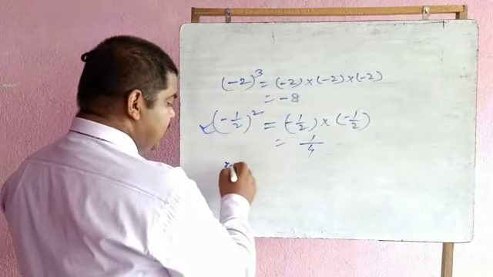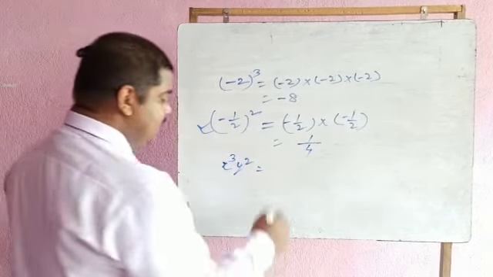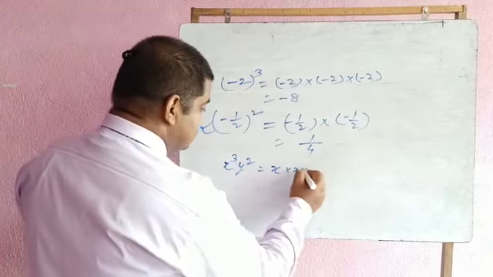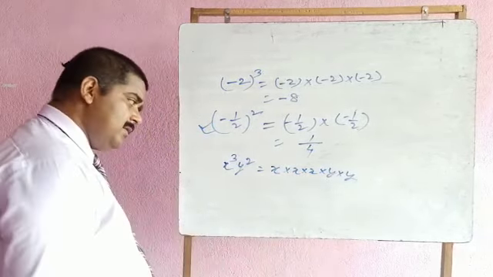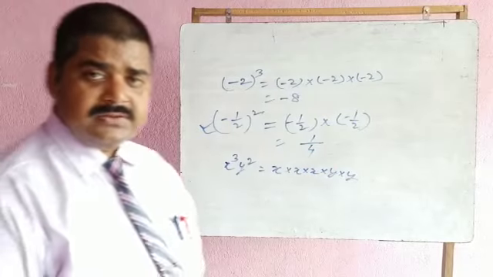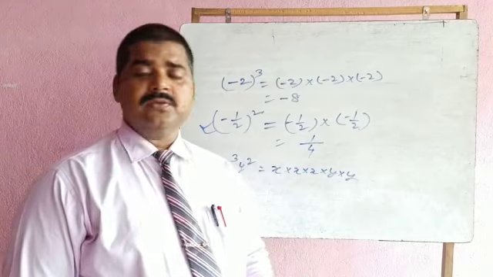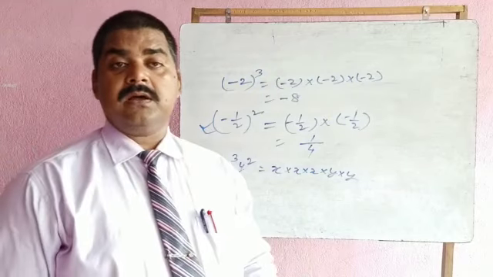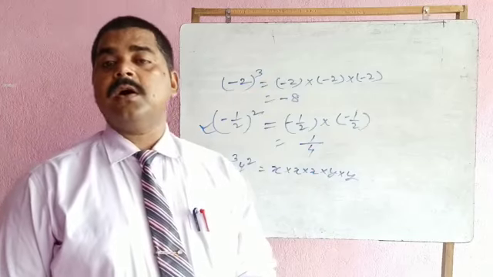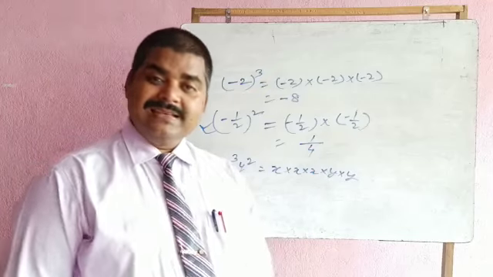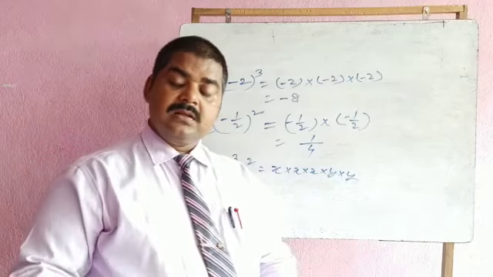If x to the power q, y square is given, what does it mean? It means x into x into x, y into y. So my dear students, if the exponential form is given, you can write down the product of primes, and if the usual form is given, you can easily factorize it and solve the question.